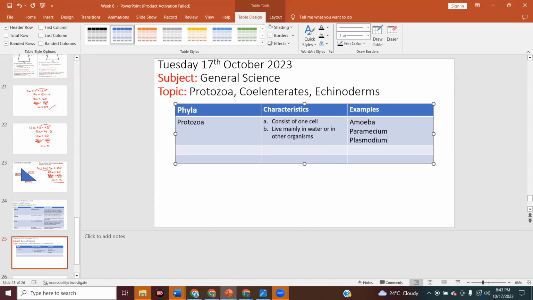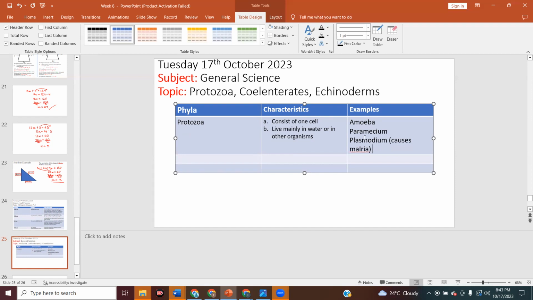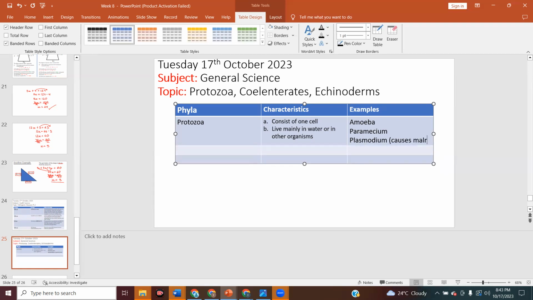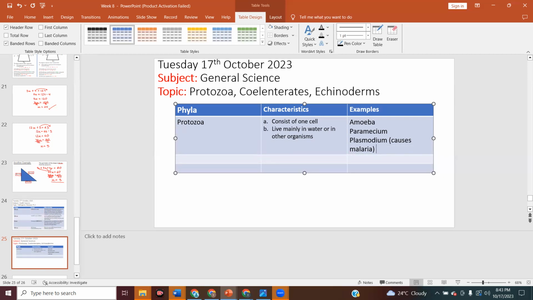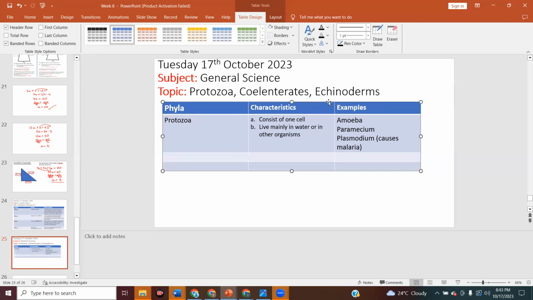And plasmodium, well, that causes malaria. Malaria is a type of disease that affects persons in Africa and stuff, but not only persons in Africa, but also persons around the world as well. But it's caused by Plasmodium.